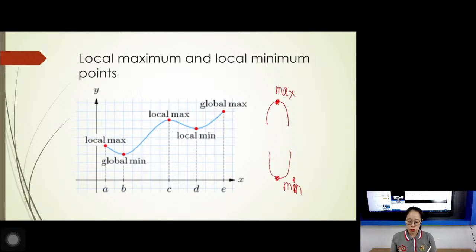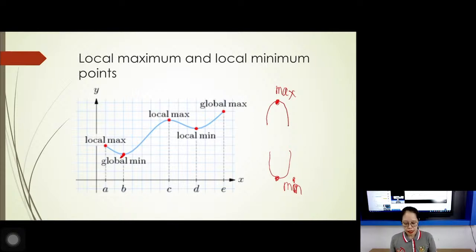And the same is true with our minimum, of course. So minimum are the points that you can locate on the convex part of our function. And all these minimum points can be considered as local minimum. Now the lowest among these minimum points will be our global minimum.